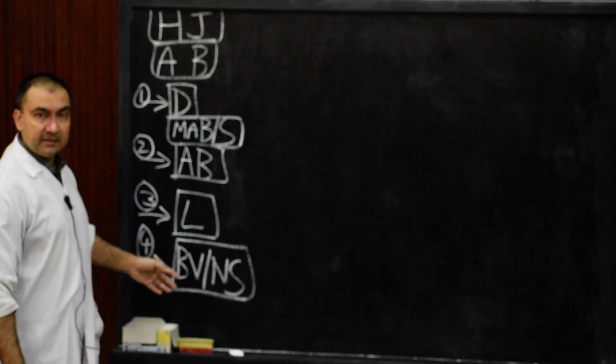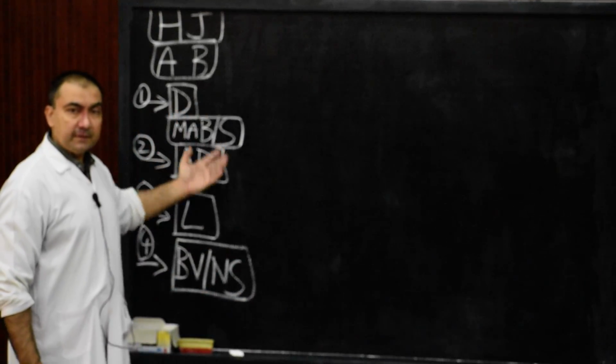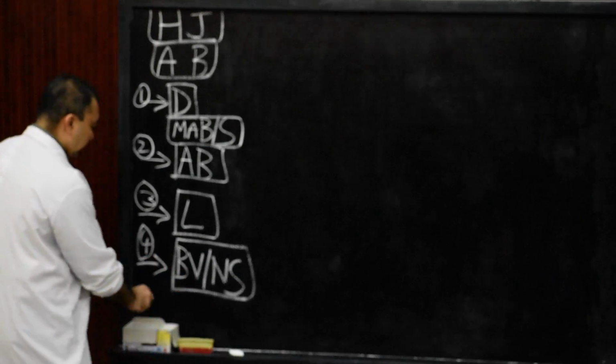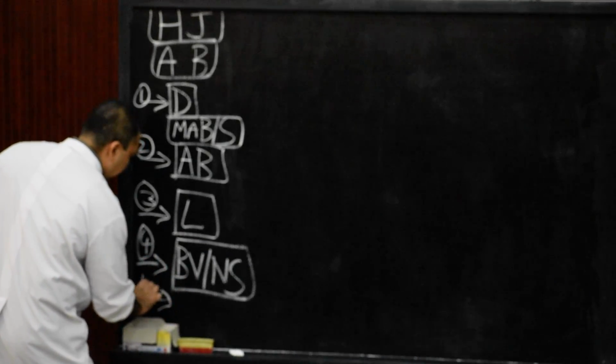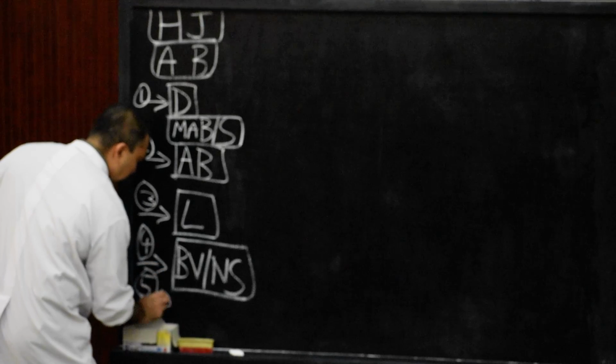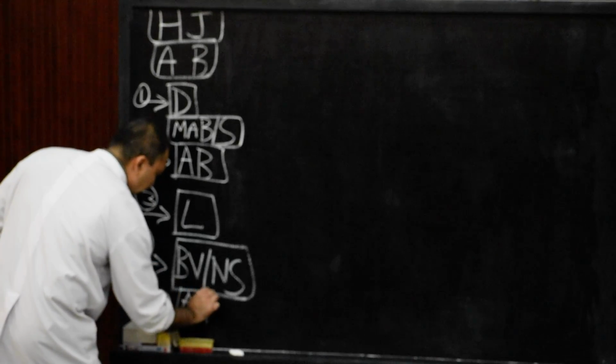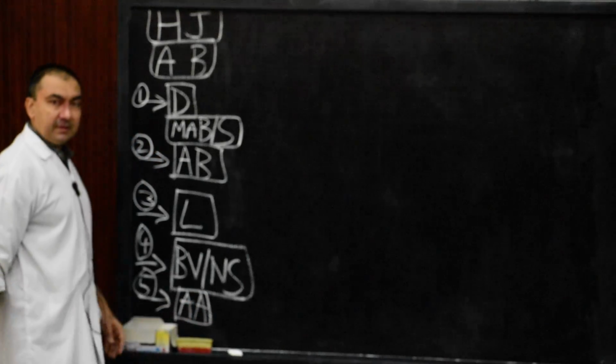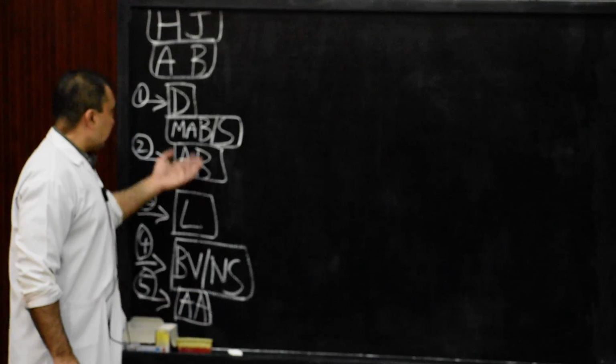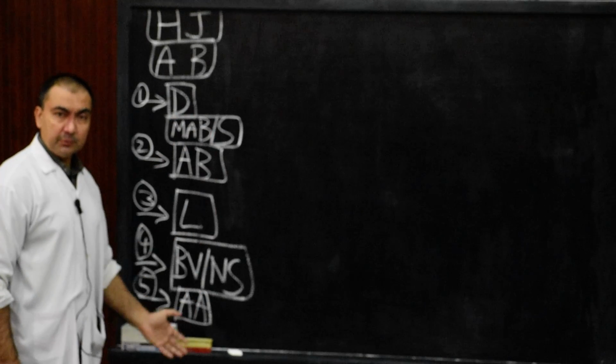Here in this scenario, blood vessels and nerve supply of hip joint. And the last point, point number 5, should always be applied anatomy of that particular joint. As usual, here, applied anatomy of the hip joint. So these are the points which we have to follow.